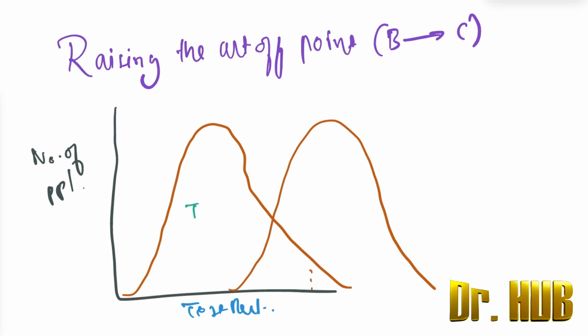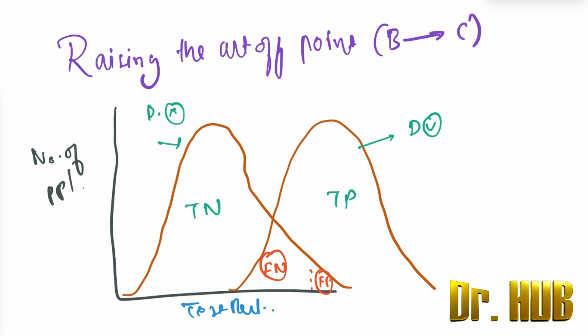So let's write down, this is the true negative, this is the true positive, this is where the disease is absent, and this is where the disease is present. This includes FN, this includes FN, and here it is nothing but the FP.